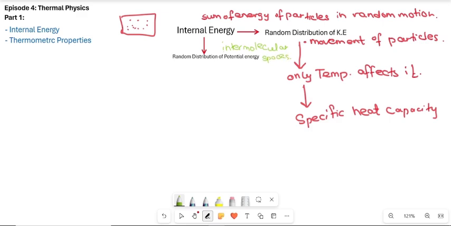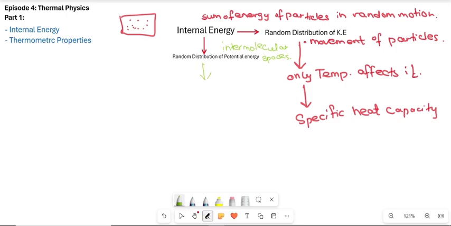So when you see particles and you see the spaces between them, this is what you call potential energy. You must have seen gravitational potential energy, chemical potential energy, elastic potential energy. So these are more specific forms, but in this we're only looking at the potential energy, which just refers to the intermolecular spaces.